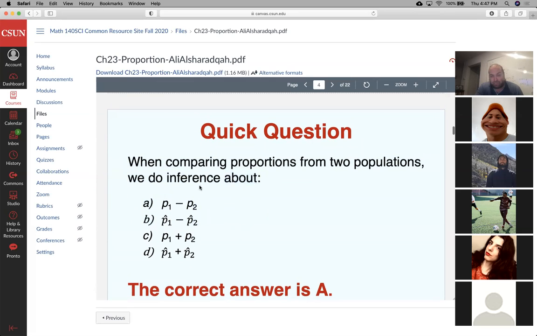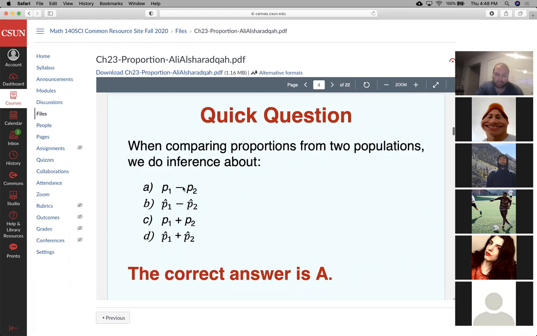But we're certainly using P1 hat minus P2 hat to infer something about P1 minus P2, but we don't do inference about it. It's a bad notation, but hopefully you understand the difference between the hats, which is what we use, and the non-hats, which is what we're looking to find.